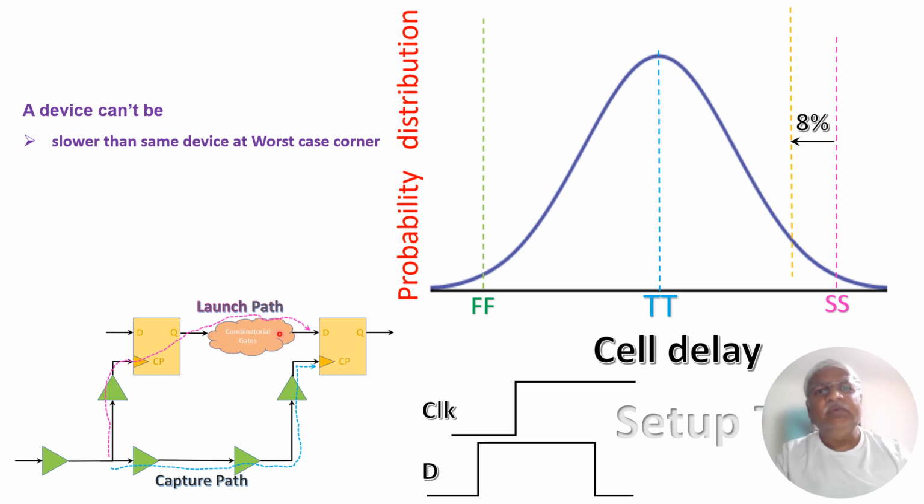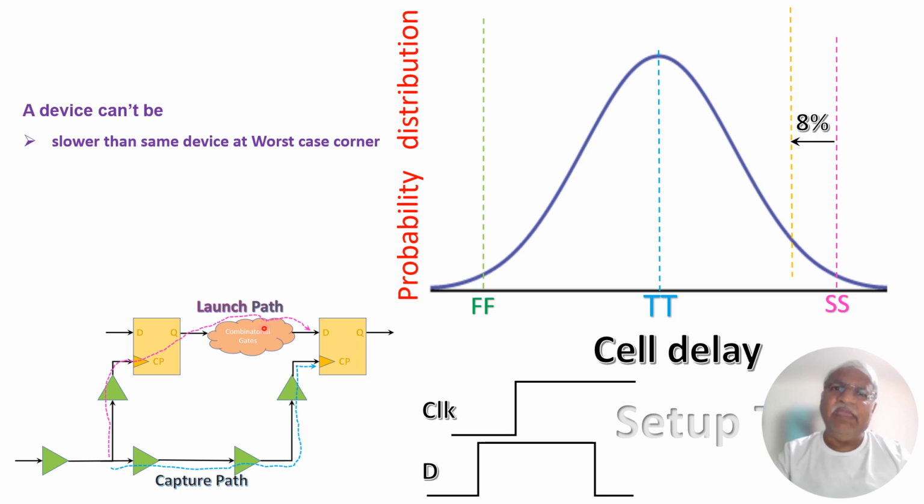This is the only situation where we can do some control, and we know that there will be local variations. So these gates can have different delays other than these ones, which we are considering to be in slow condition.